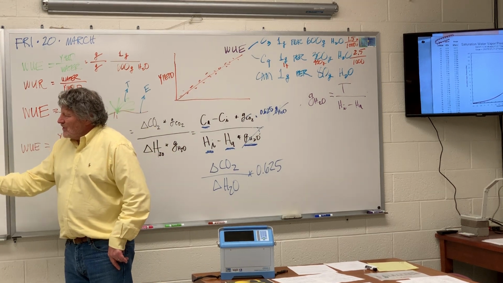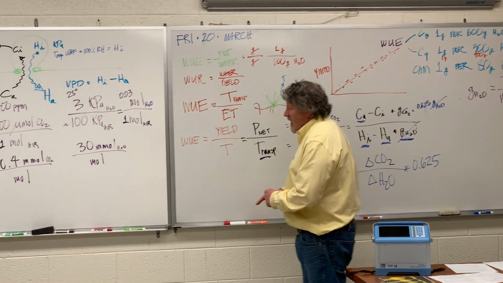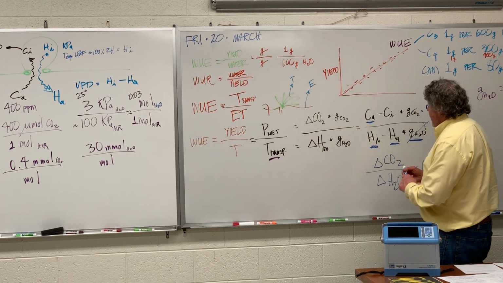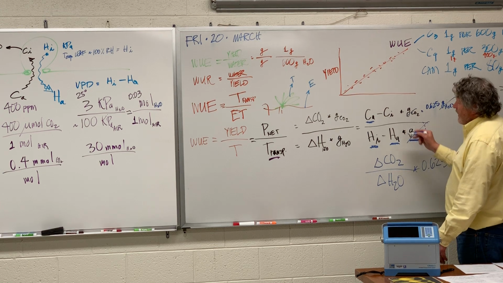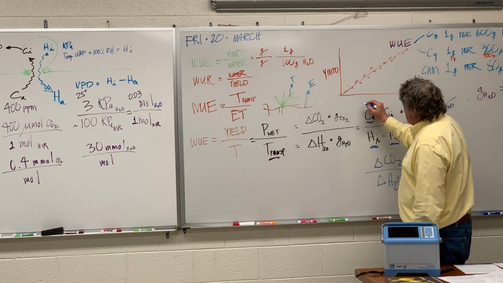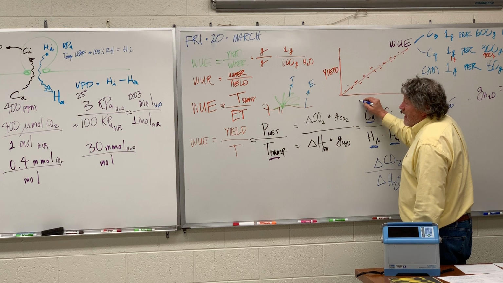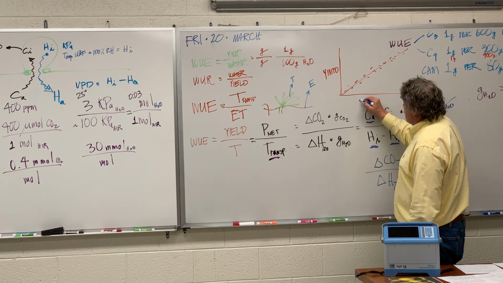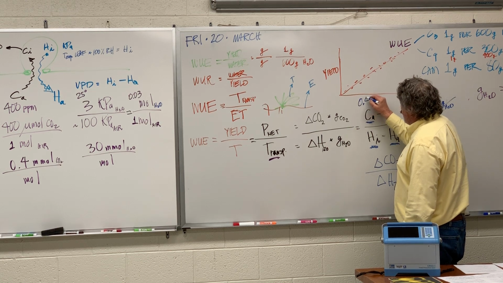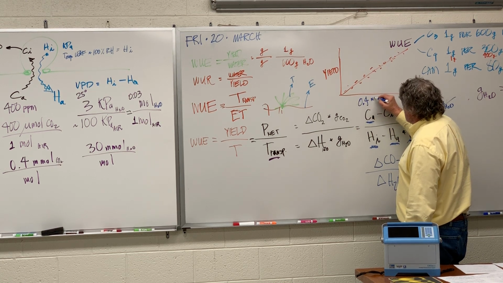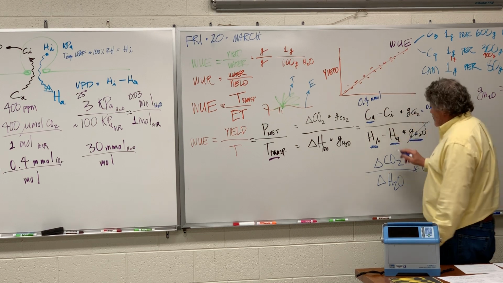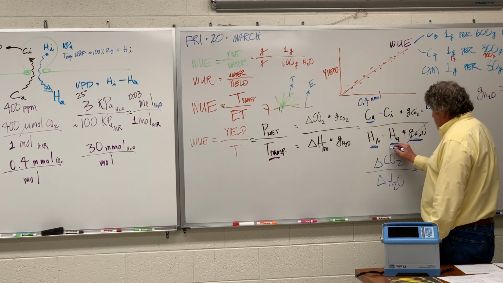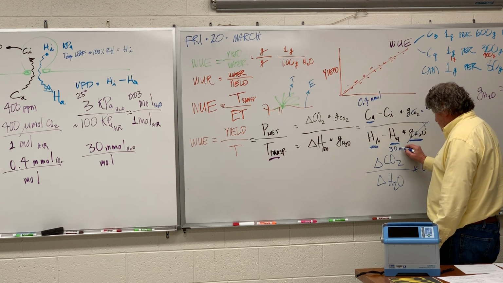So, we still didn't get, let's put some numbers down here. Let's go right to here. If we do this in millimoles, we're going to put 0.4 millimoles, and HA down here, we're going to put 30 millimoles.